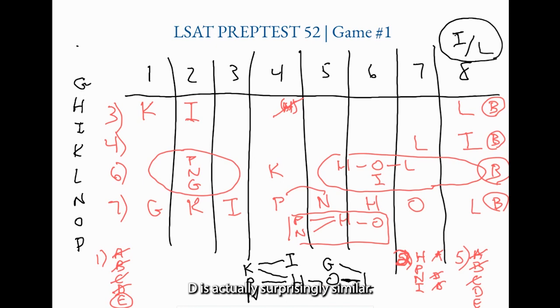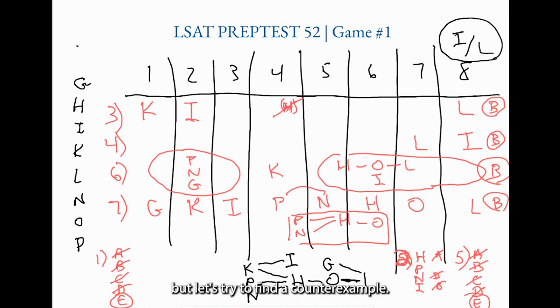Choice D is actually surprisingly similar. Could it be true that more than 3 valves are opened after H? Well, we just take the same ones we already had, that could be after O, and add O into the picture, because O is after H. So 4 valves could be opened after H. D isn't necessarily true. The answer must be E.